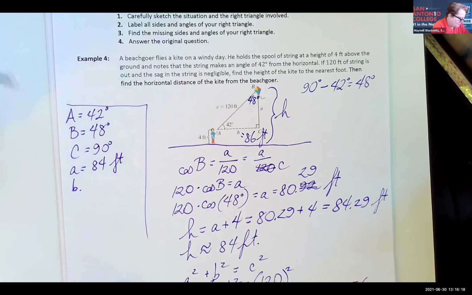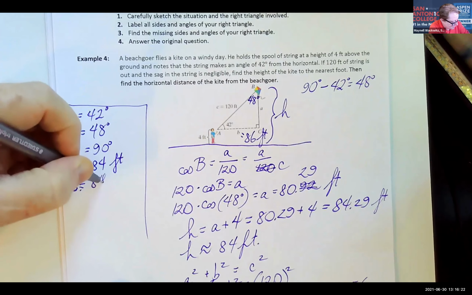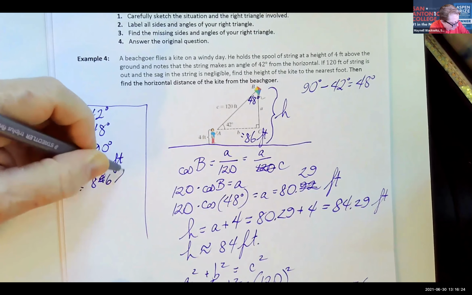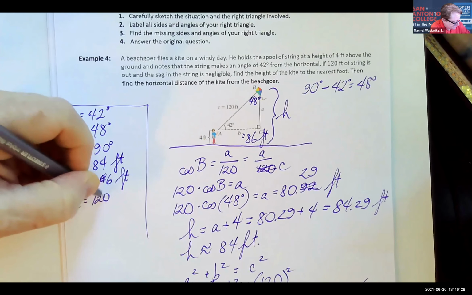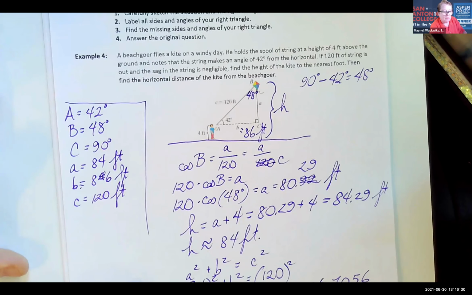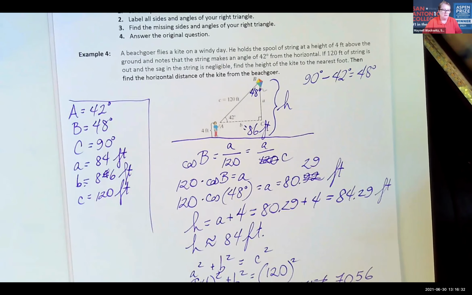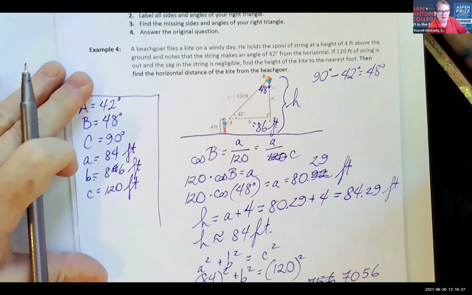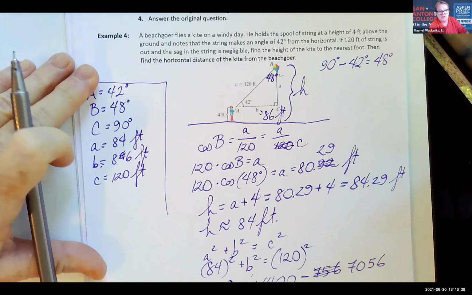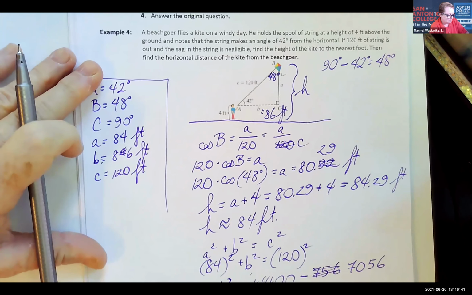Little b was 86 feet. And they gave us C was 120 feet. I want to check the sides. We used the Pythagorean theorem to find side B. How can we check using something else?